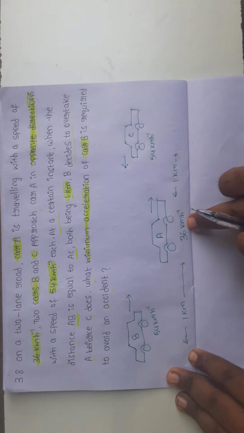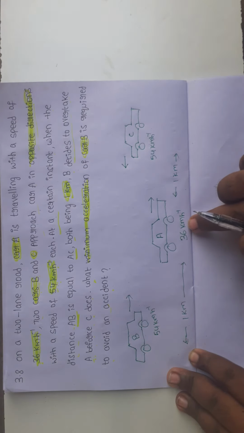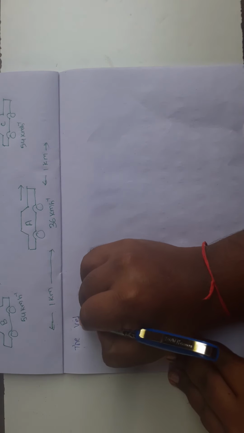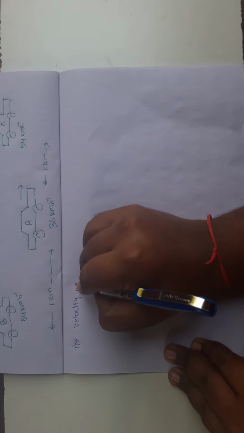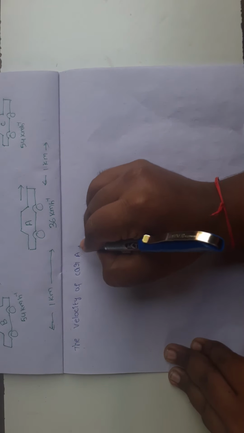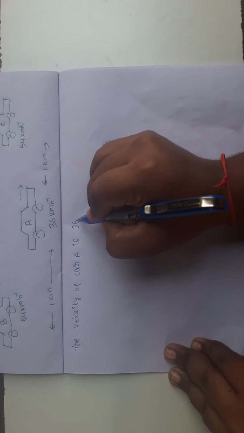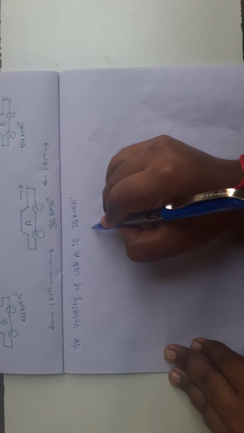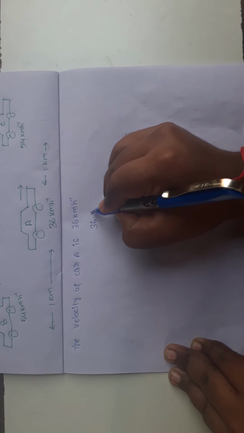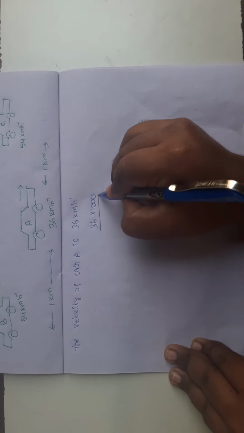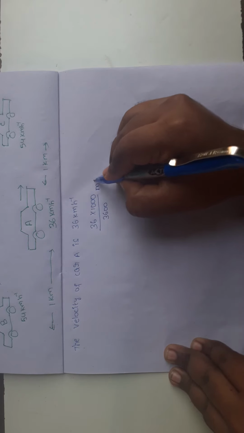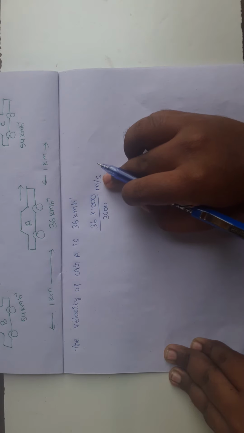The actual unit of velocity is meter per second, so convert these values into meter per second. The velocity of car A is 36 km per hour. Converting into meter per second: 36 into 1 kilometer equal to 1000 meters, 1 hour equal to 3600 seconds.